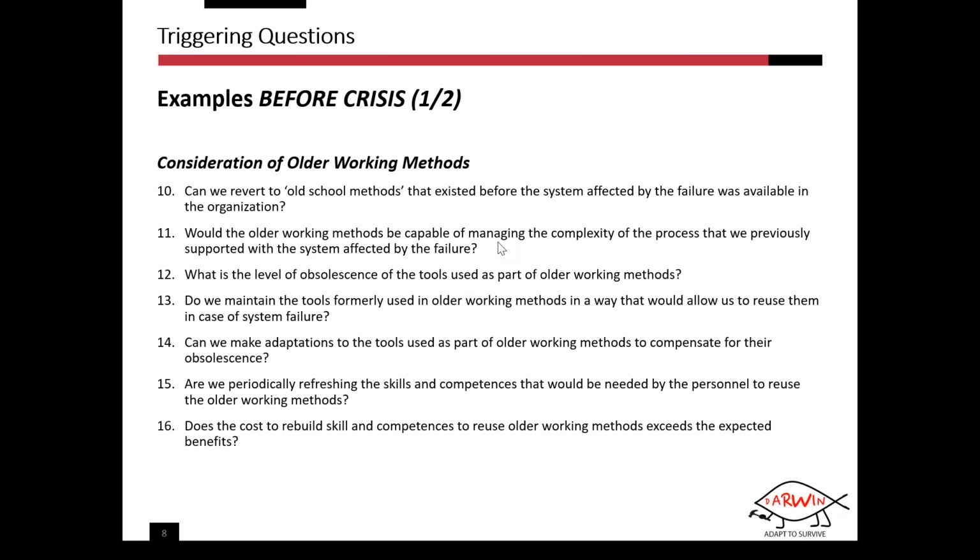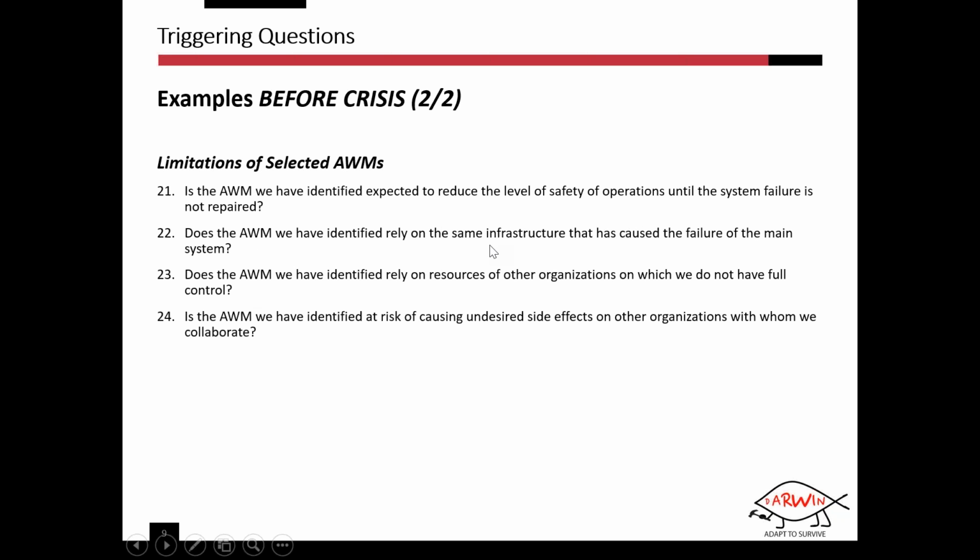So thank you. And the following slide, which is basically the last slide with new contents, is the example of triggering question about limitation of selected alternative working methods. Maybe it's not worth entering into the details of them because we have already spoken about them.